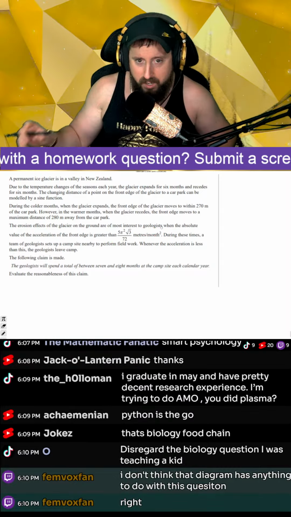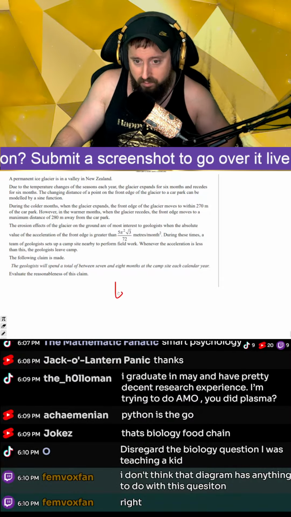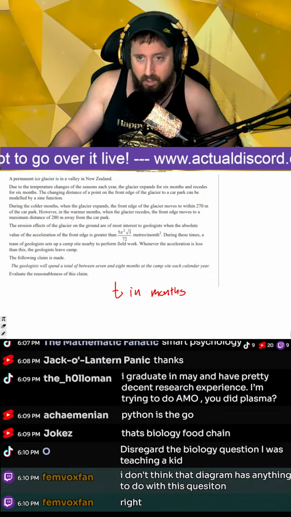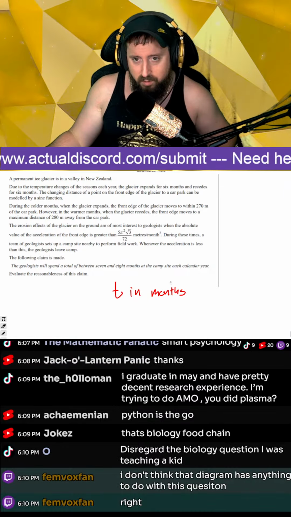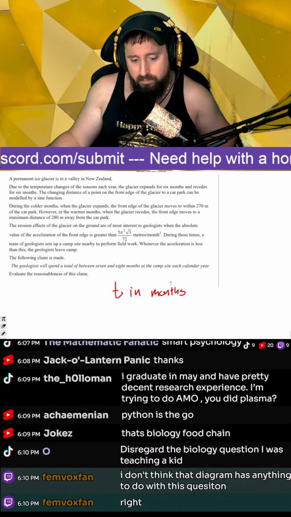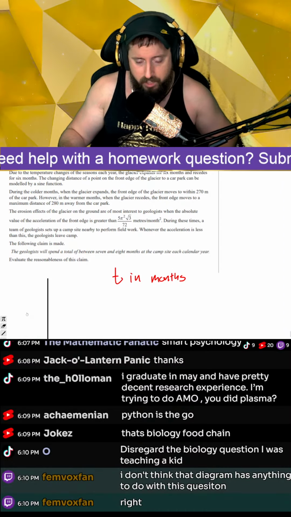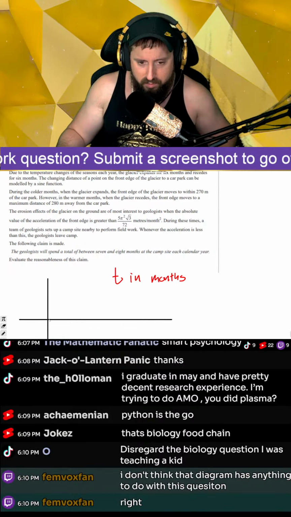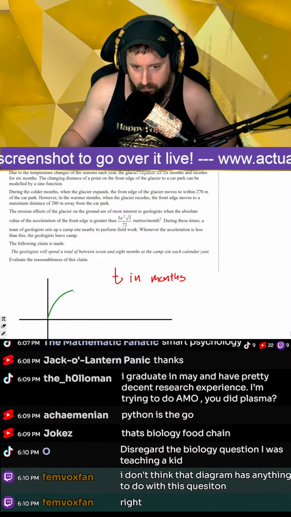It's per month, right? So I think we're gonna use t in months, right? It expands for 6 months and it recedes for 6 months. Sure. Okay. And they said a sine function. I agree with that. So expanding for 6 months would be the first half, right?